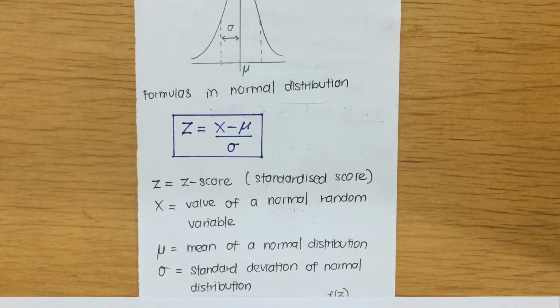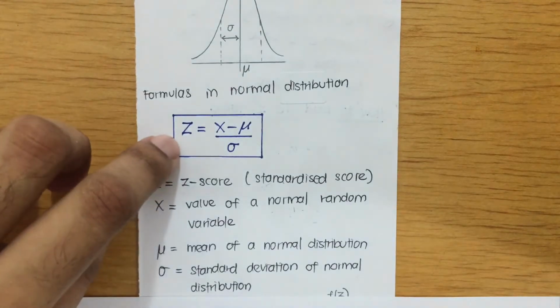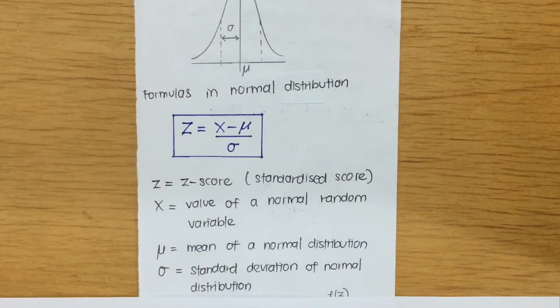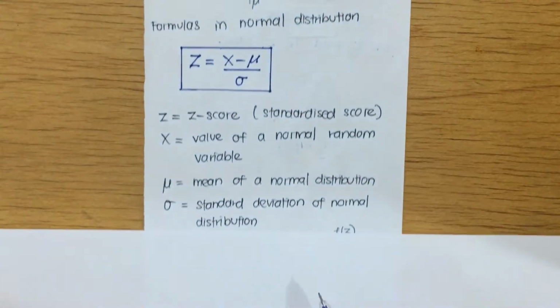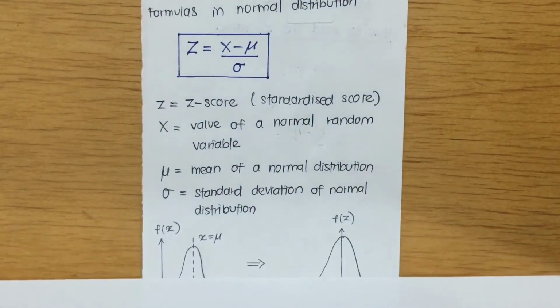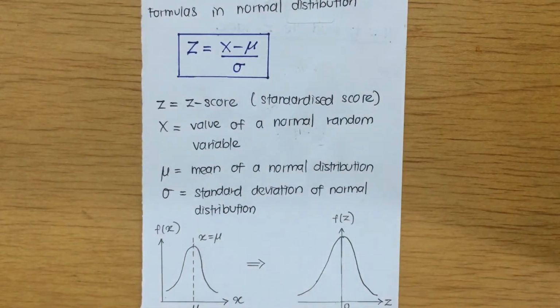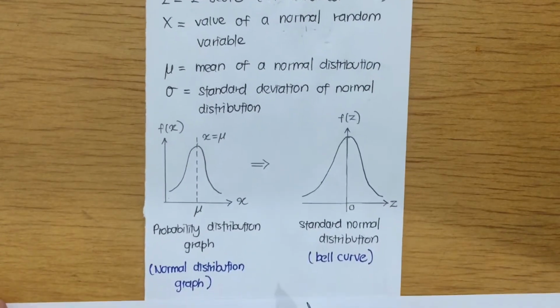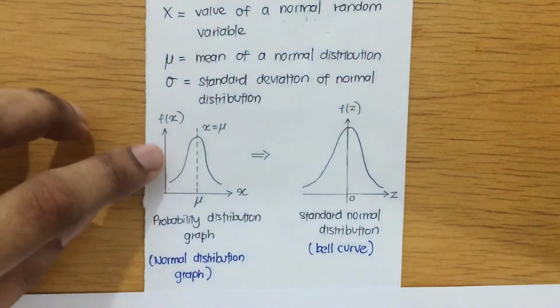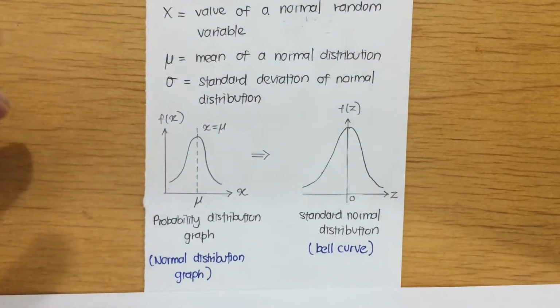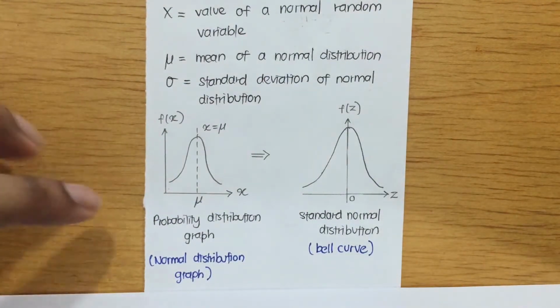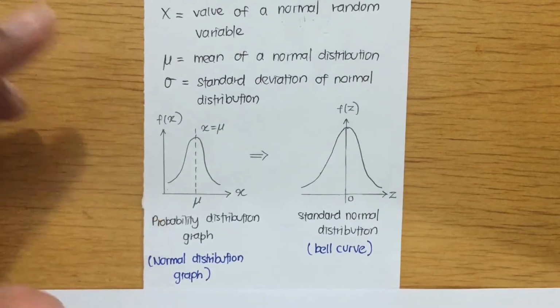Now you might be asking me a question. Why do we need to change it into a Z variable? Why do we always need to change it to a Z score? Let me give you the explanation now. Most of the time, the application of the probability distribution relies mostly on the normal distribution.